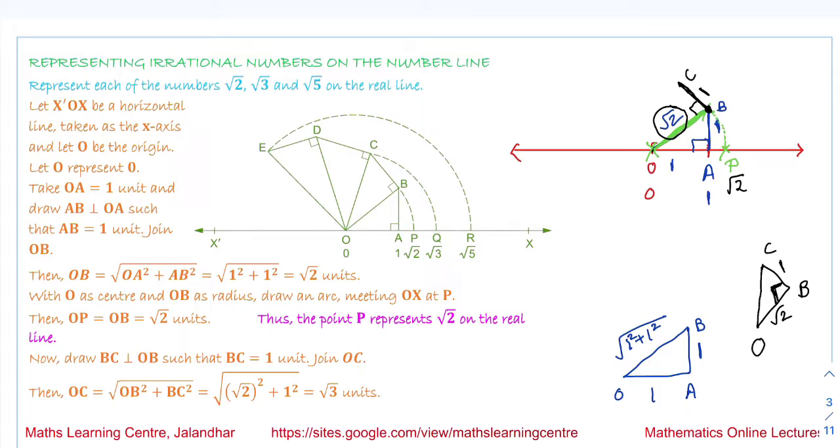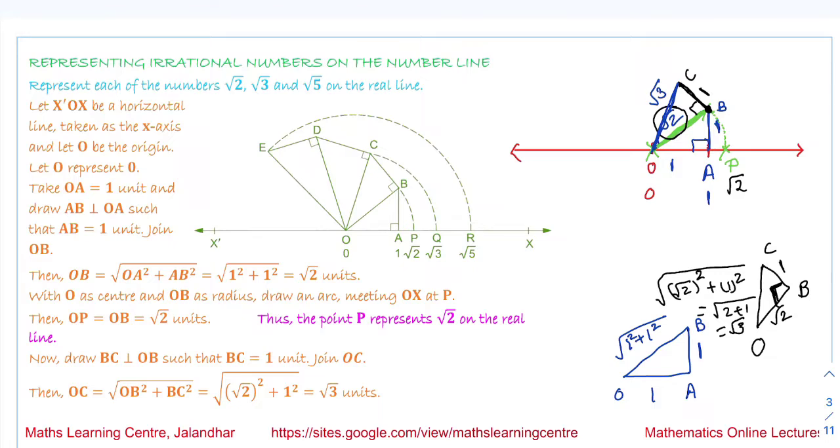We have drawn the perpendicular at this point B. So what we get is that this length is the square root of square root 2 square plus 1 square. So the value is the square root of 2 plus 1, that is equal to square root of 3. It means if I join O and C, the length of OC will be square root of 3.